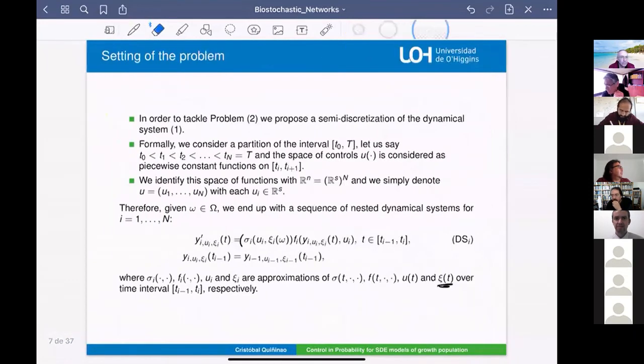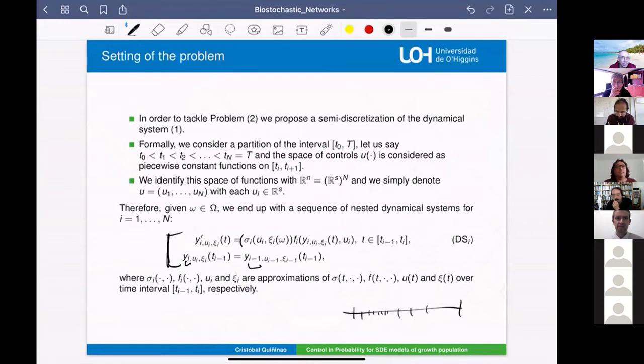You set up this chain, if you want, because as you can see here, the initial condition for the next is the ending condition for the previous one. So you actually have any discretization of the time. You can make it close or large. It doesn't matter. You need that the step is going to 0. And then you solve this equation, and the control is just constant by pieces.